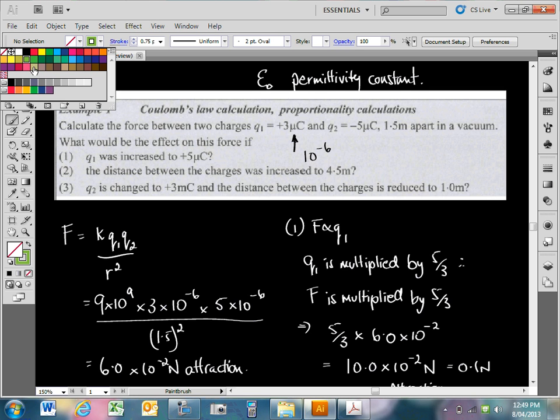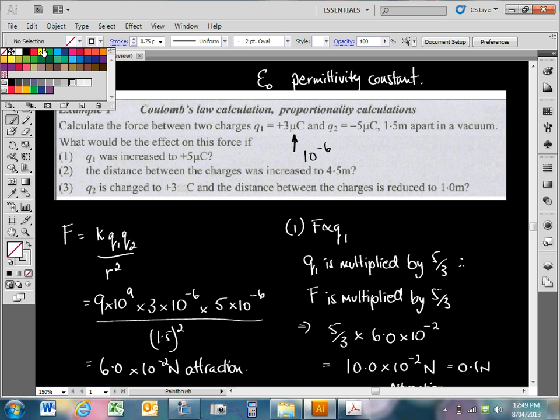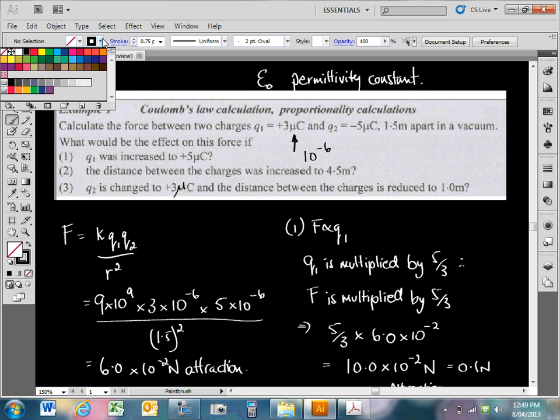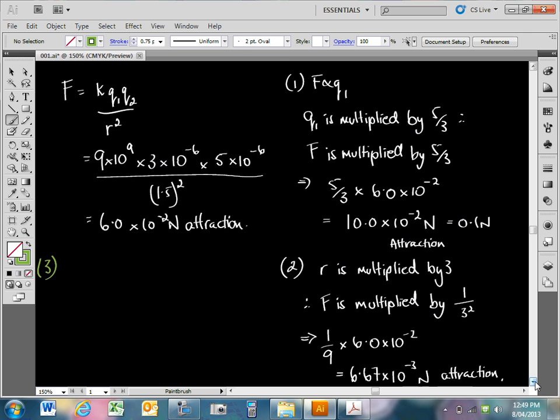So what I'll do is I'll scrub out the milli and make it micro, just to make it a little bit easier. Q2 has changed, so this has changed from 5 to 3, and the distance between the charges is reduced to 1 meter.